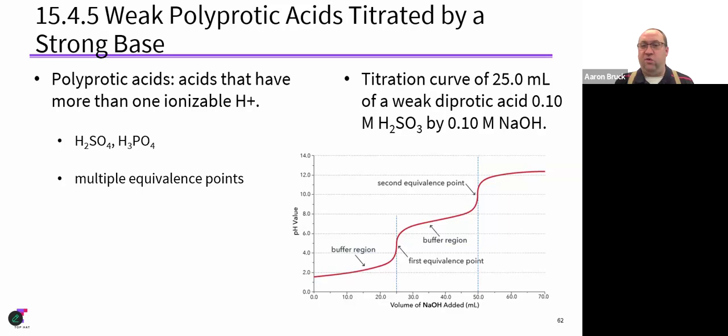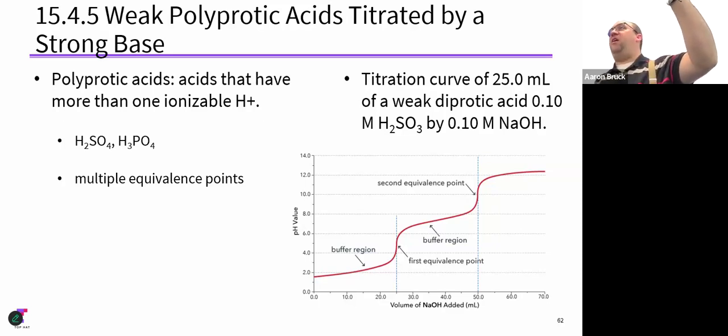One important thing to make note of though, if we are evaluating half equivalence points, remember one of the things I said yesterday was half equivalence points, because in that part of the buffer region, the acid-base ratio is identical. pH and pKa are the same value.